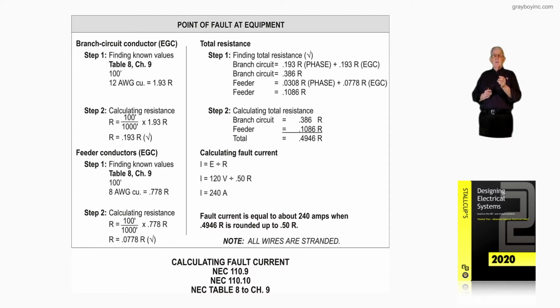Adding them together, 0.4946. The current then would be 120 volts divided by 0.50, because it's 120 volts to ground system, and we'd have 240 amps that we would have at the point of that fault in the illustration from at the branch circuit feeding the equipment. And that's all you'd have.